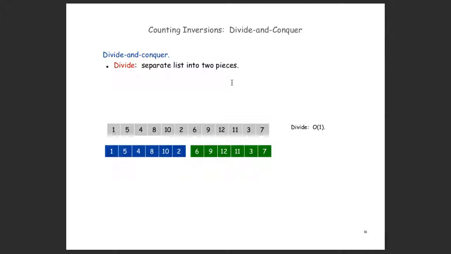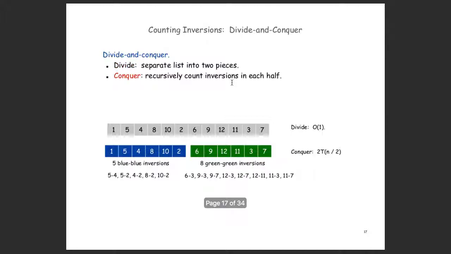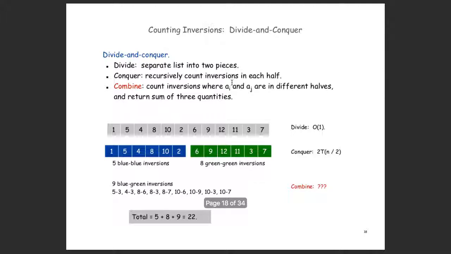So, what's the algorithm? Divide: break the list into two pieces. Conquer: recursively count inversions inside each half. And then combine.